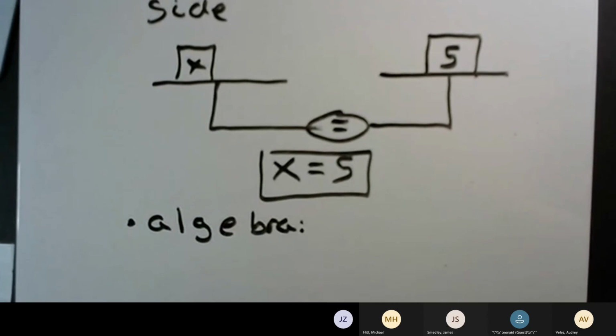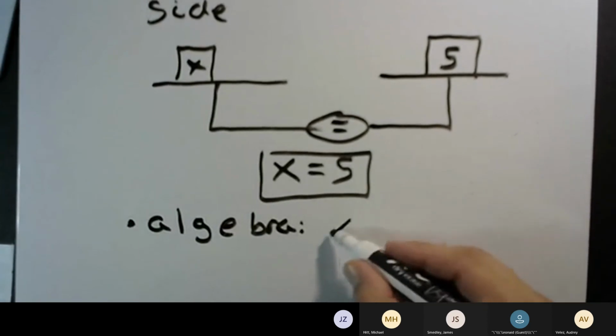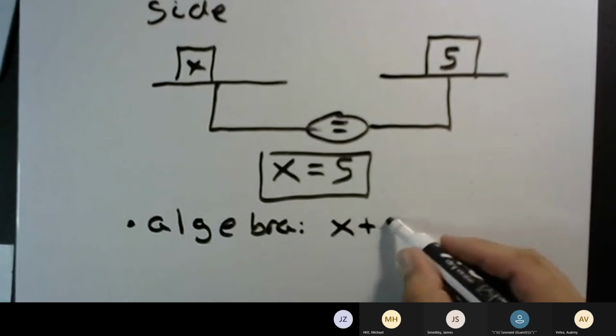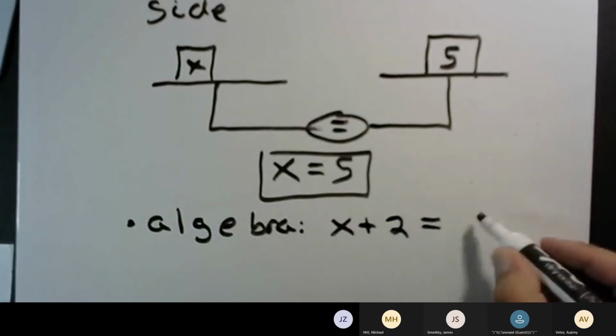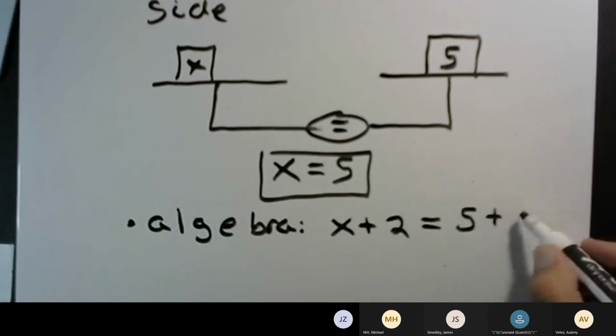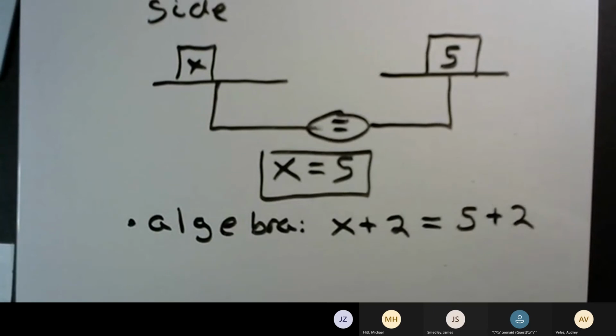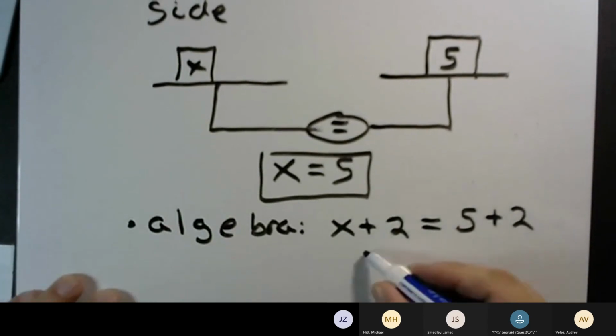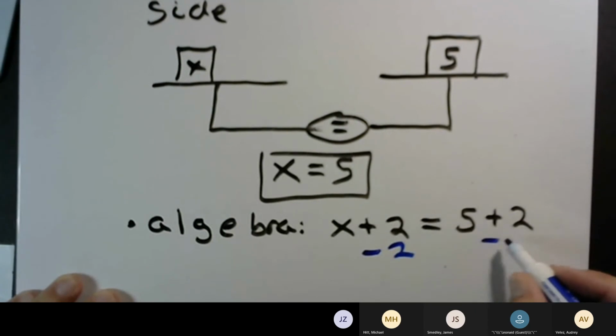Well, the way we express this in algebra, on one side we have x plus 2, and on the other side we have 5 plus 2. And then we subtract 2 from both sides.